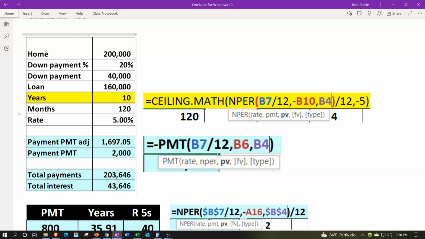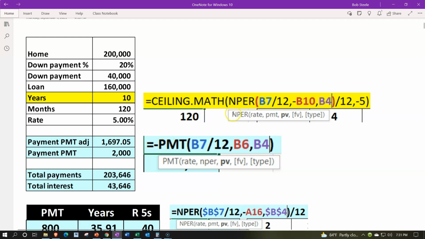But what we would like to have is it rounded to increments of 5 in essence. So we can't really use the rounding function. Instead, we're going to put in front this function, which will basically round it to increments of 5. It's going to round up all the time so that we always end up with a payment that will be actually lower than our payment down here because we're going to be rounding up, extending the period out further.